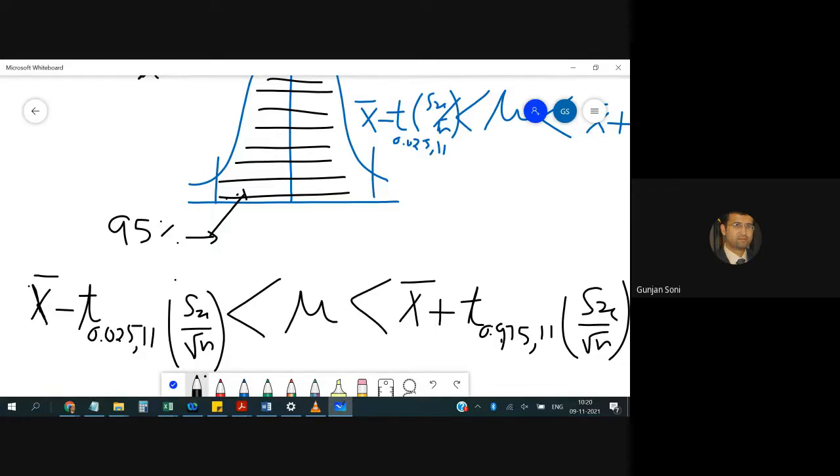So what is the remaining area? Now we say it is symmetrical. That means the remaining area is 5%, that is this area and this area, the red one.